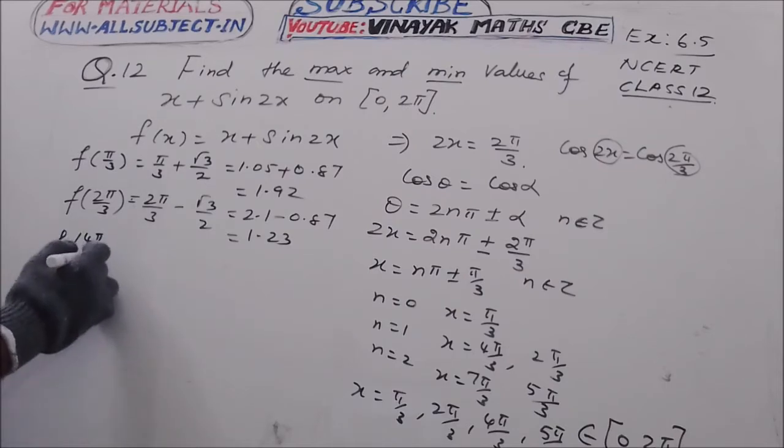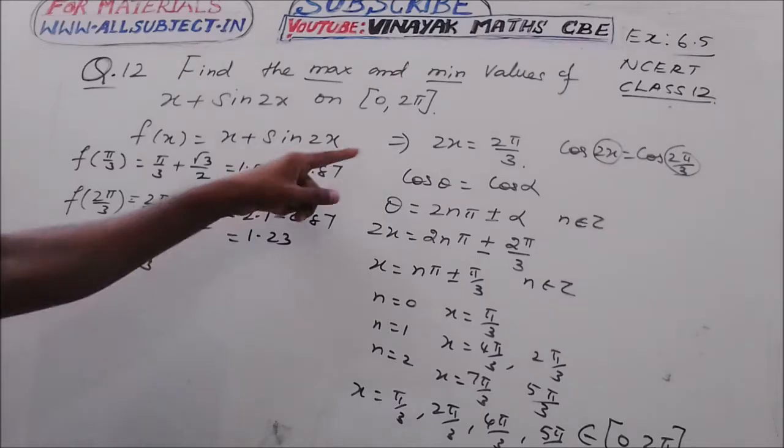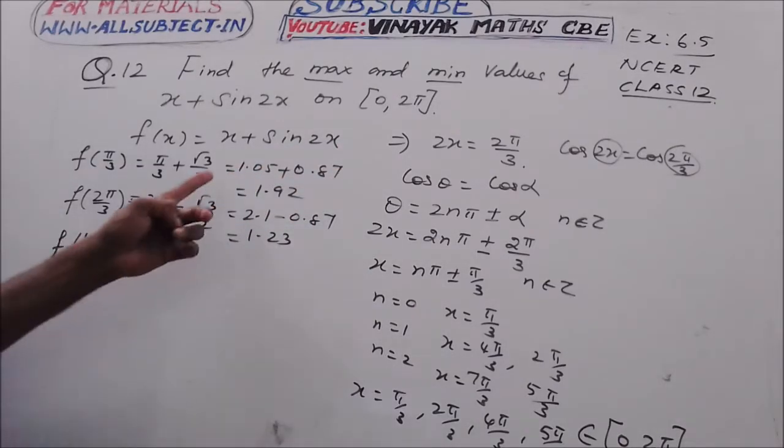Then f of 4 pi by 3 equals 4 pi by 3 plus sine of 2 into 4 pi by 3, which here gives plus root 3 by 2.